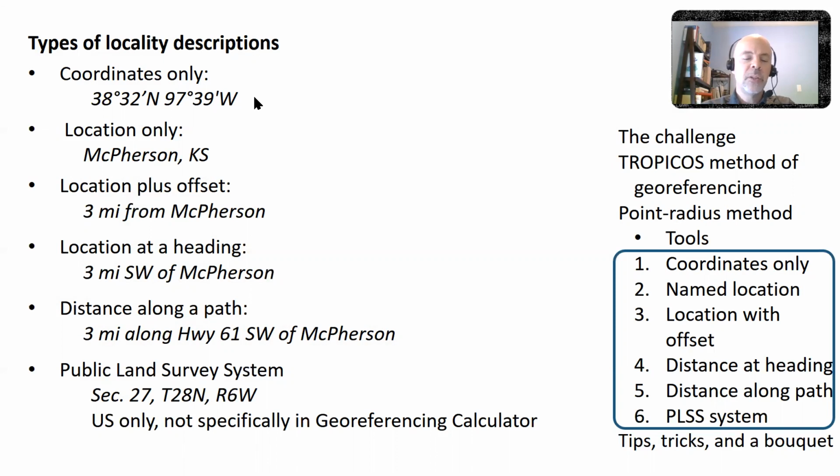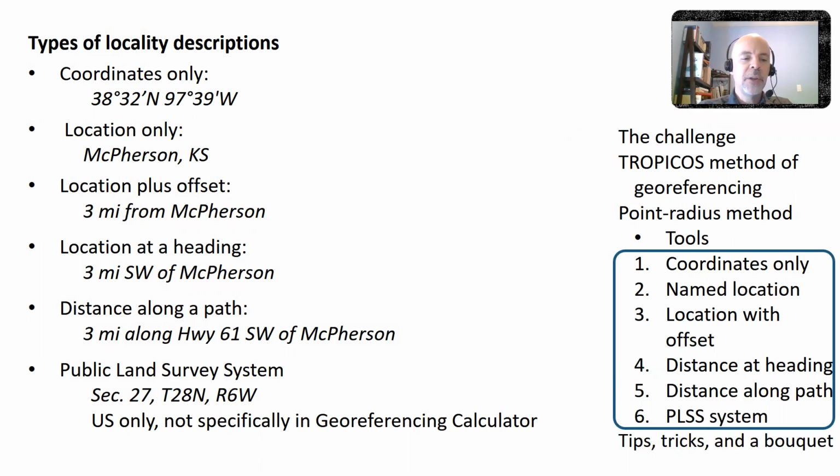One might be coordinates. You just have some sort of coordinates. It might be GPS coordinates, or maybe somebody used a topo map. Another is location. So I might have just McPherson, Kansas. Another is a location plus an offset: 3 miles from McPherson, but it doesn't tell if it's north, south, east, or west. Location along a path: 3 miles along Highway 61, southwest of McPherson.